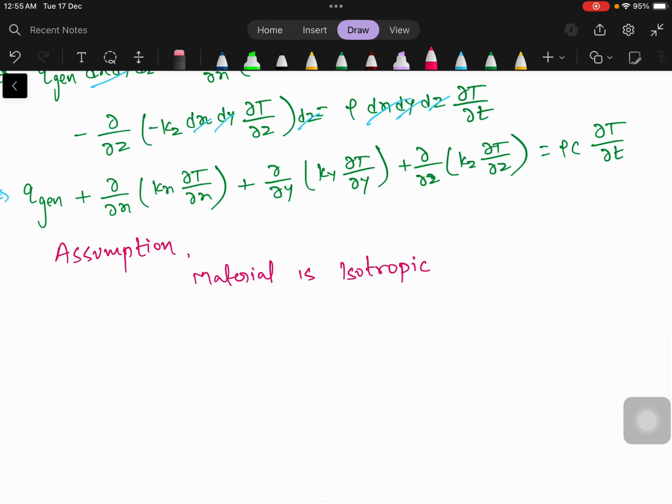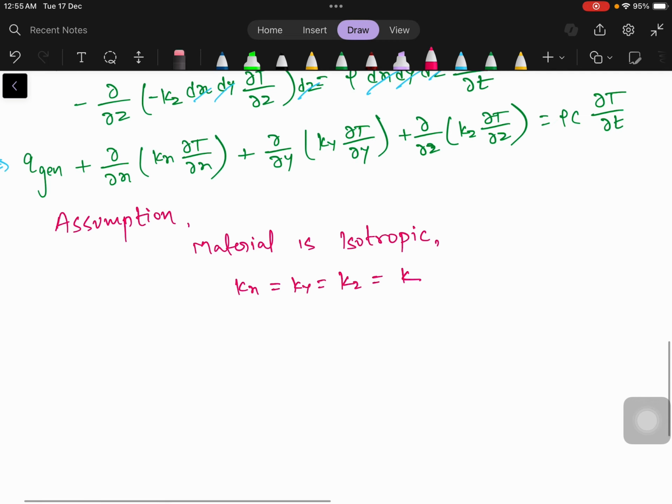Everywhere it will have the same property. So Kx equals Ky equals Kz equals some constant k, so that we can remove it from the bracket.